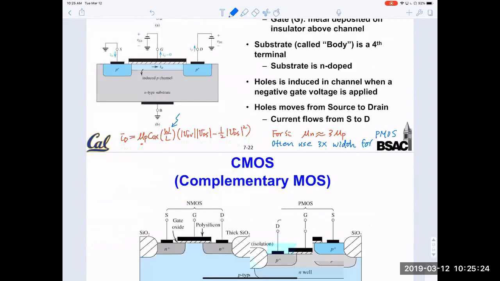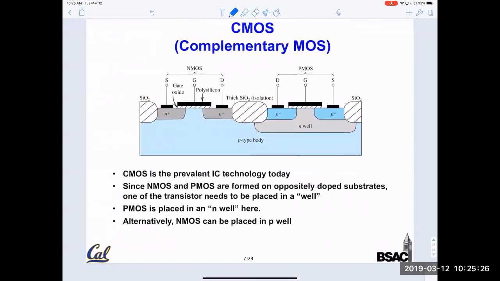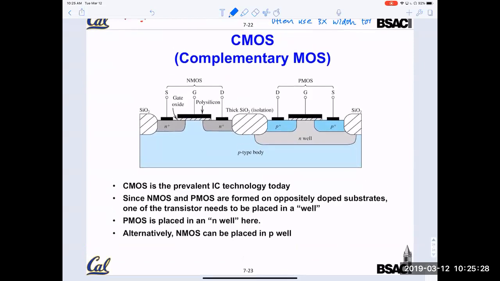And CMOS, the concept appeared in the early 70s. Initially, it was just another new idea, but eventually it has become the dominant idea.